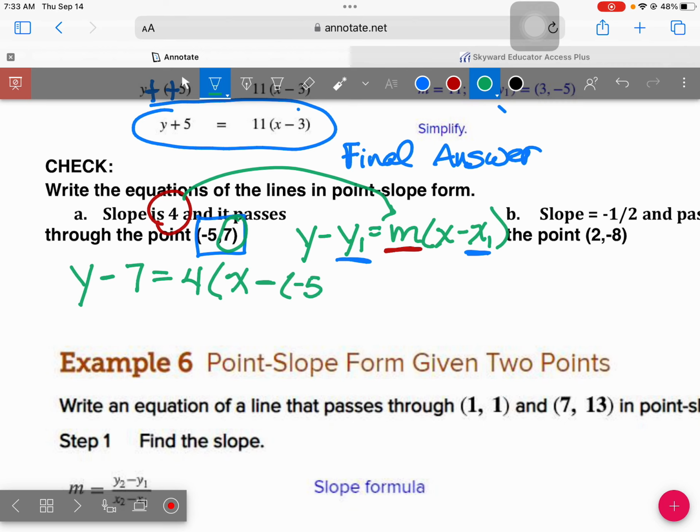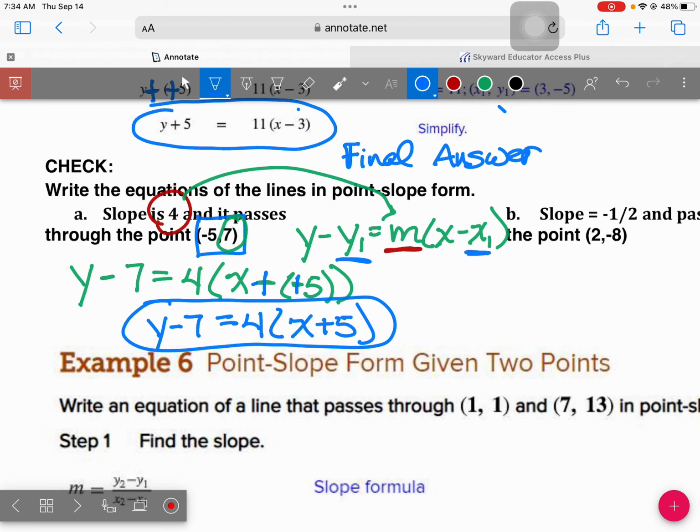And I'm going to put the negative 5 in parentheses. You don't have to, but just make sure you've got a minus negative 5. There is only one thing I need to simplify here. We cannot subtract a negative, so we change this to adding the opposite. So I'm going to rewrite it and say y minus 7 equals 4 times x plus 5. That is your final answer.